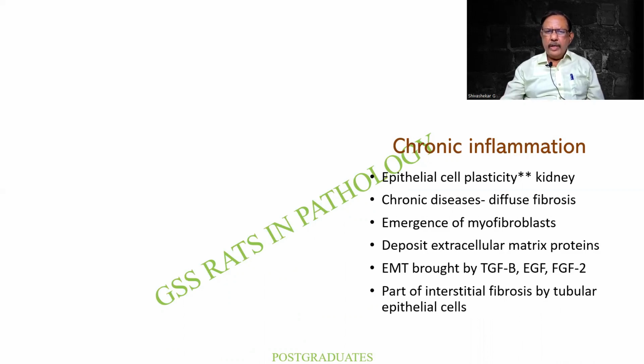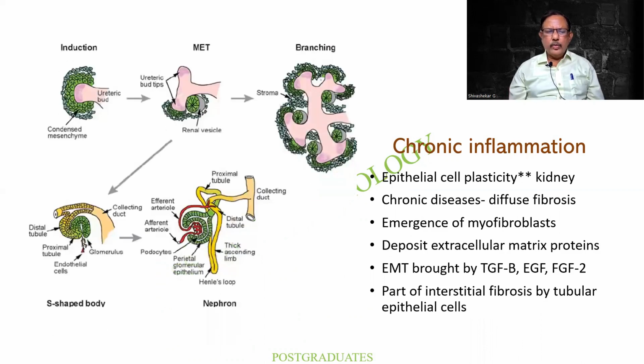Obviously, you will not be able to understand. But see this one. So this is the mesenchyme. The mesenchyme is supposed to be composed of closely packed cells. This is the ureteric bud. The ureteric bud keeps branching. And ultimately, this will be forming the calyceal system. And this is the stroma over here, surrounded by the mesenchymal cells.